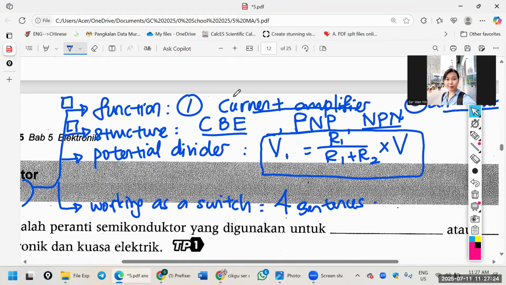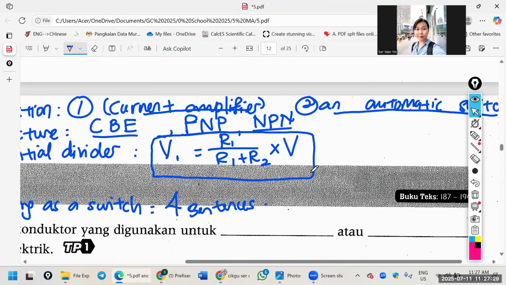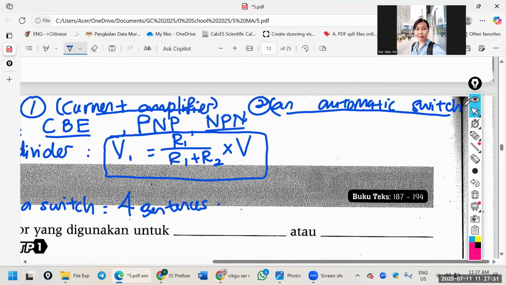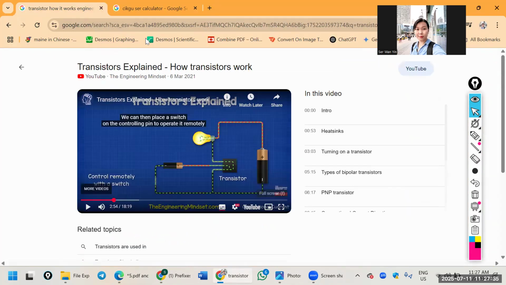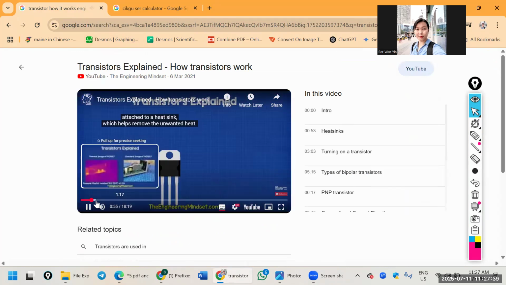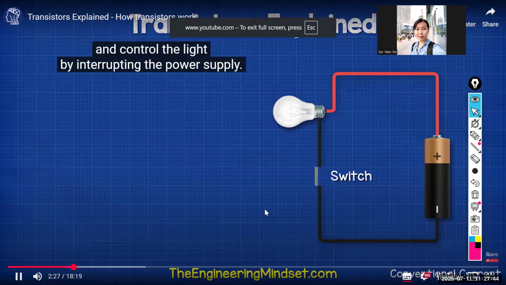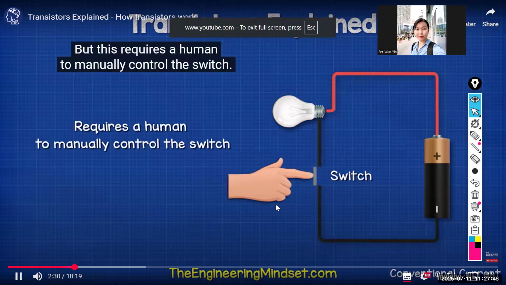So now you understand what is a current amplifier and what is an automatic switch from this video. Okay, so this is a switch.